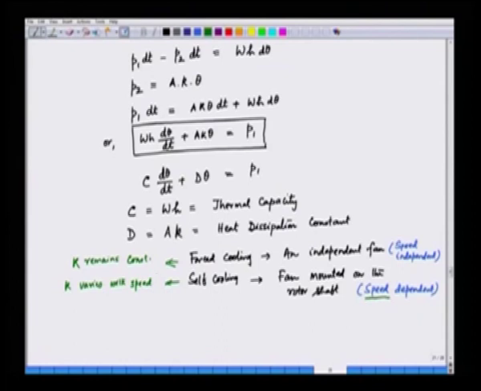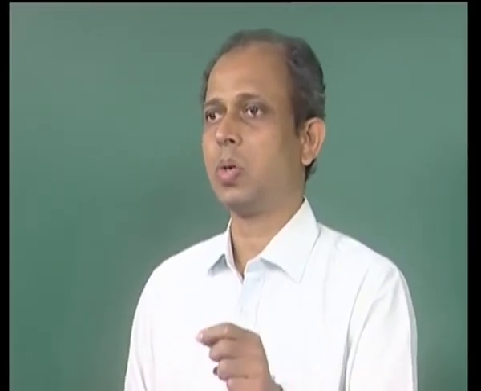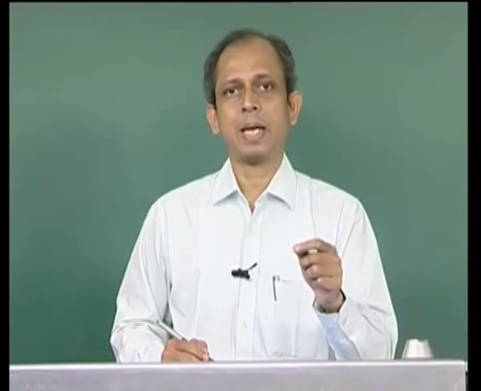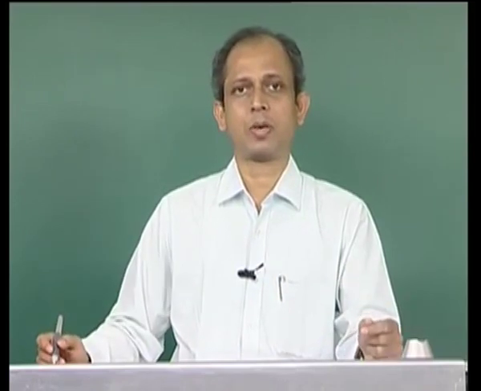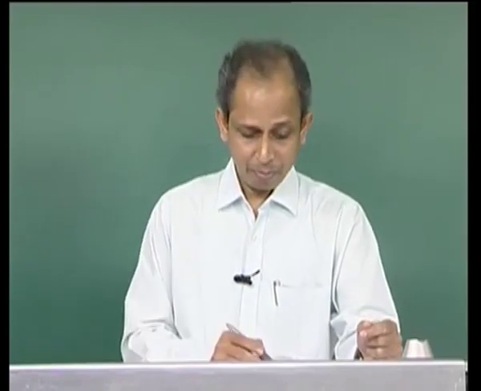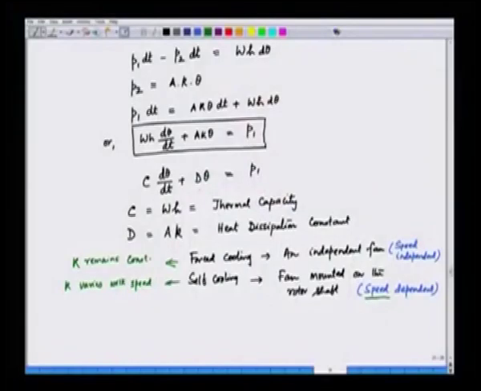For simplicity we will assume that the cooling is constant. I mean, we can have forced cooling, where the cooling is independent of the speed. So, we will assume that K is constant. So, we have a first order differential equation, that is C d theta by dt plus D theta is equal to P1, where C is the thermal capacity and D is the heat dissipation constant.